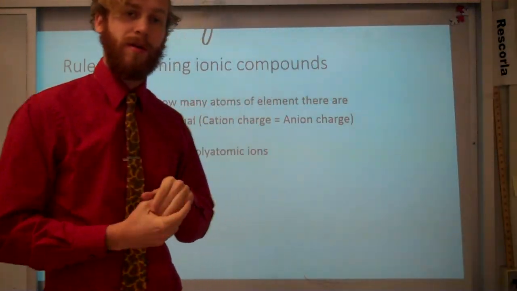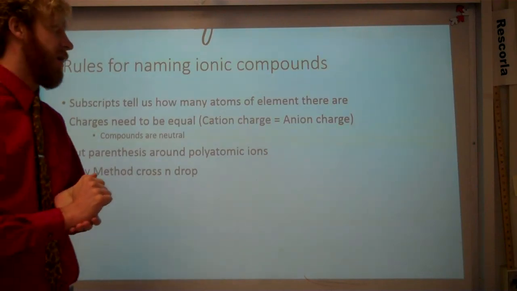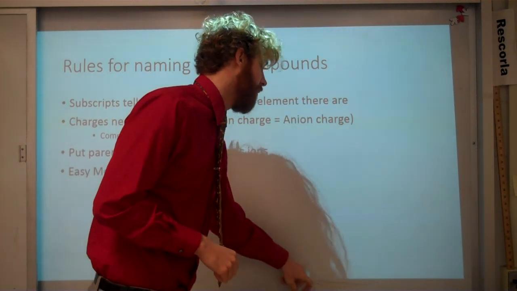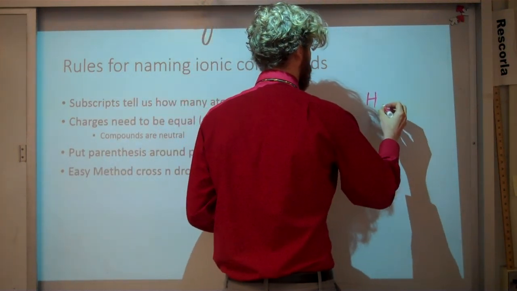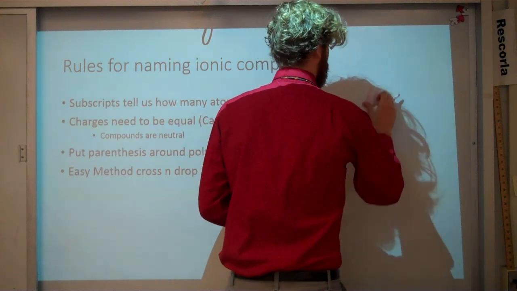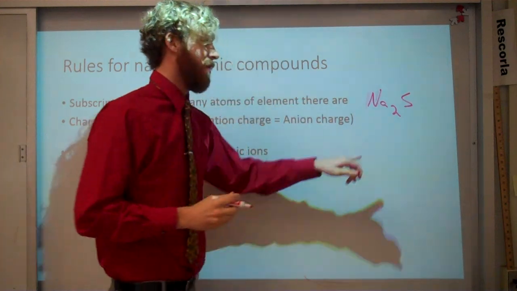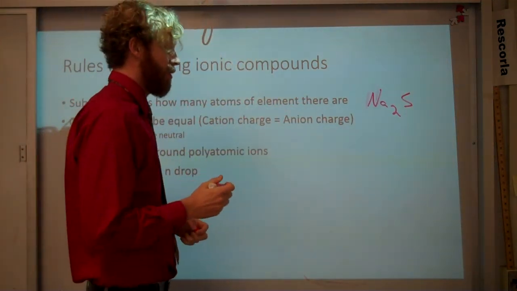So, the rules. The subscripts tell us how many atoms of the element there are. So if we have Na2S, that means we have 2 sodiums and 1 sulfur.